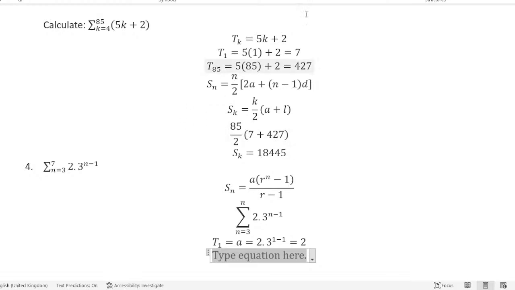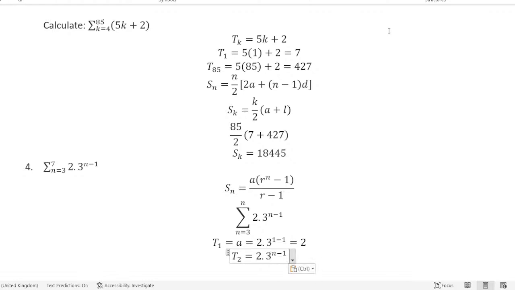So t2 is 2 times 3 to the power 2 minus 1, that is 3 to the power 1, then 2 times 3 is 6.